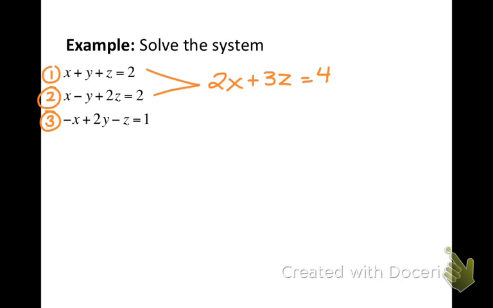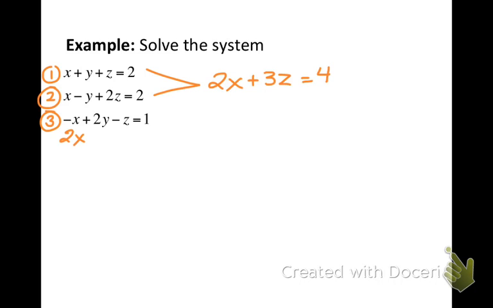Just multiply. Again, there's no right or wrong answer. Me personally, I would pick 2 because this is already negative and this y is positive. So if this is a positive 2y, then what do I need to multiply equation 2 by? A positive 2. So if I double everything in equation 2, I'm just going to write it below.